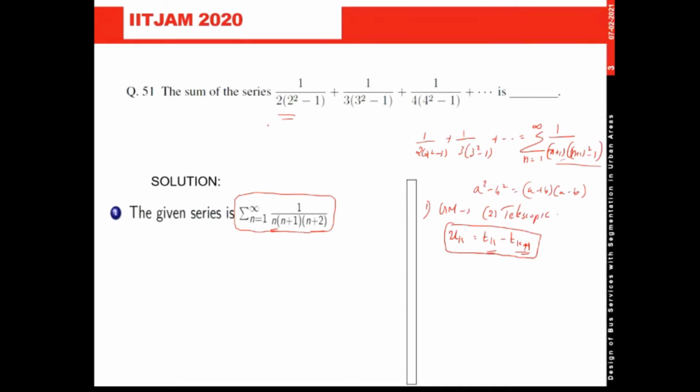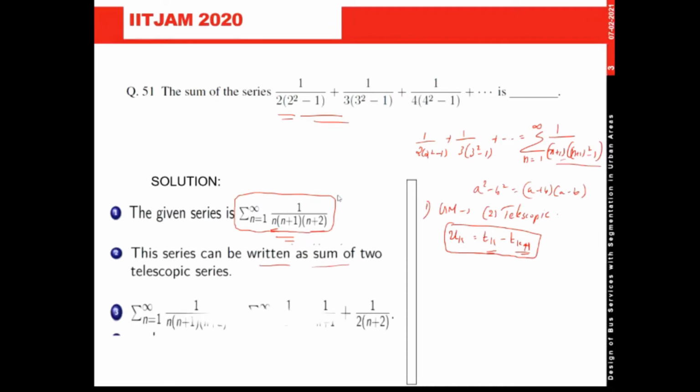So in this problem, we rewrite this series like this. Now this series can be written as a sum of two telescopic series. That is important. Telescopic series we can easily find. So this series actually we can write as 1 by n into n plus 1 into n plus 2, which is 1 by 2n minus 1 by n plus 1 plus 1 by 2 into n plus 2. How can we do this?